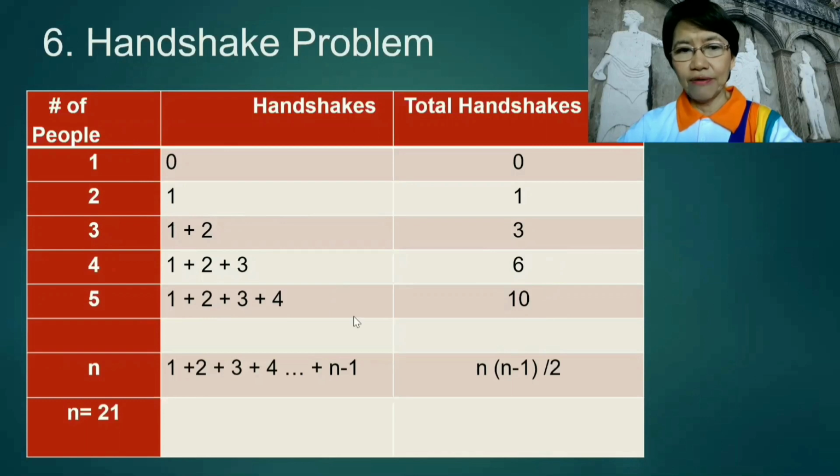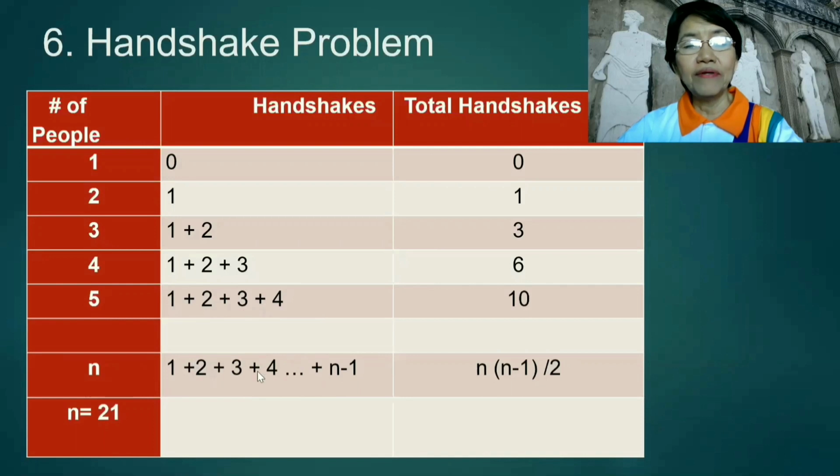And if we observe the pattern, if we have n persons, then the last number here will be n minus 1. Because if we have 5 persons, the last number in the series is 4, or 5 minus 1. So if we have n, the last number here will be n minus 1.